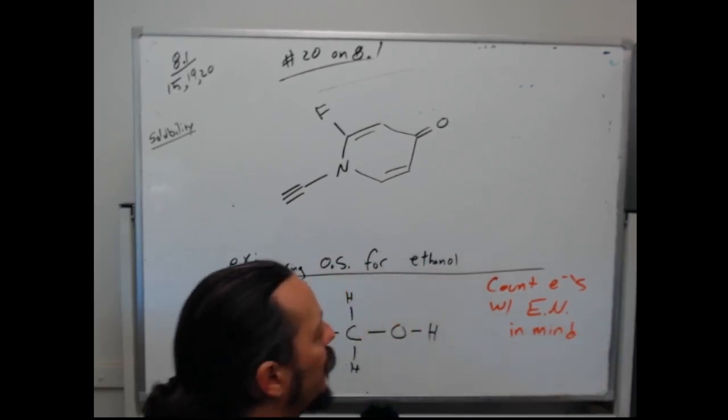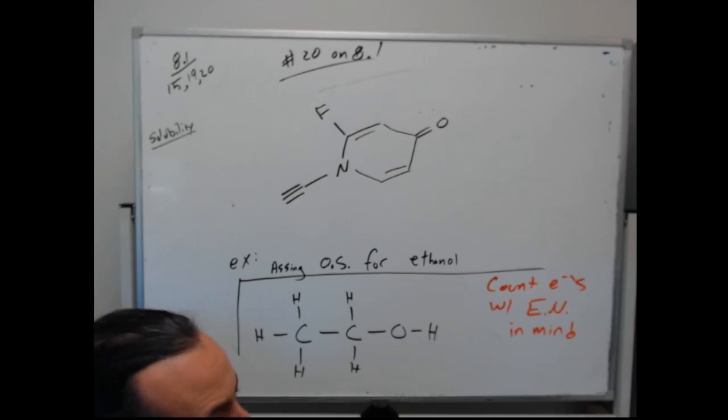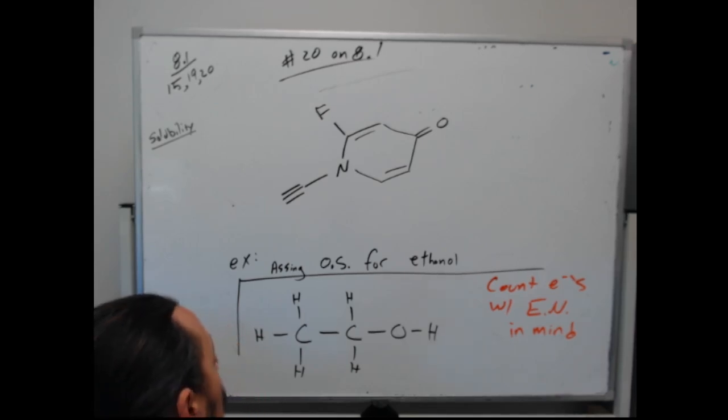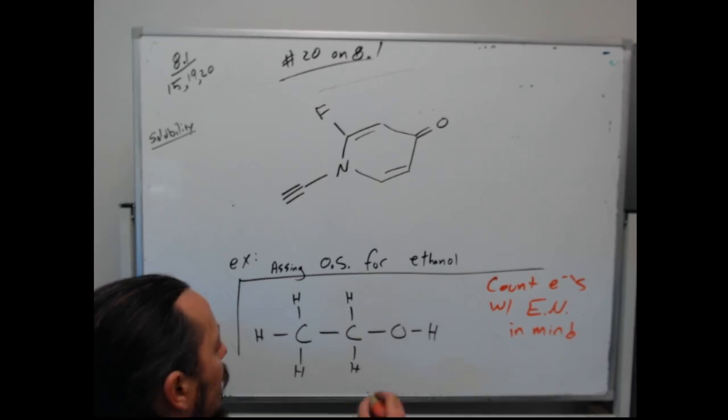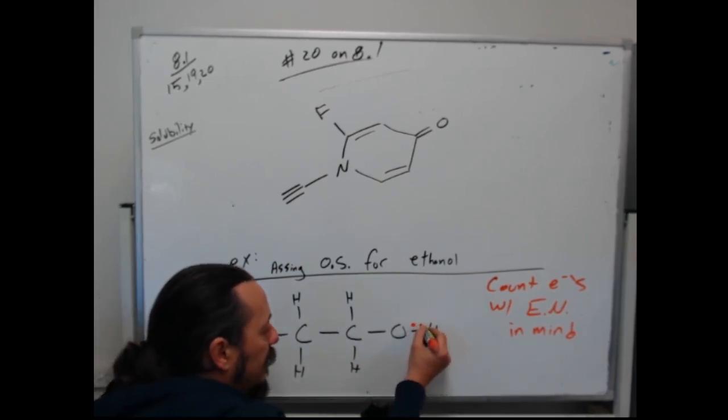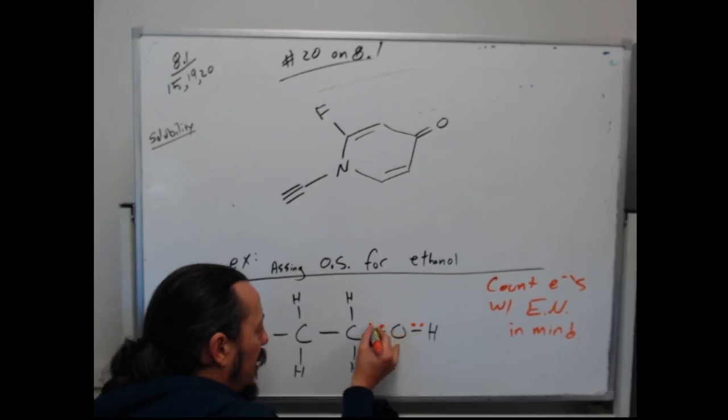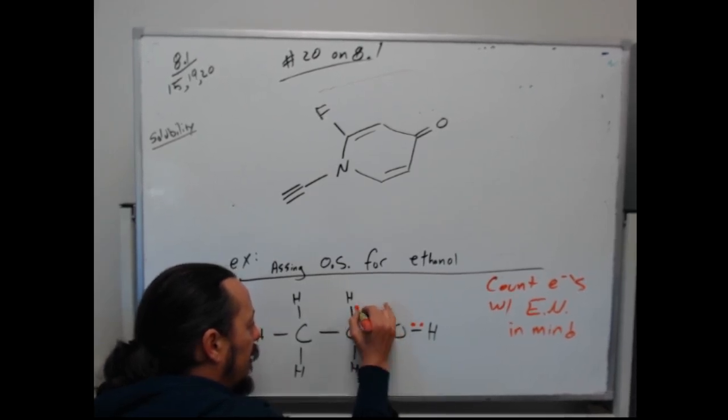So what we have to do is count electrons around each atom with electronegativity in mind. The way I go about this is I first say, each bond is 2 electrons. So I'm going to turn each bond into 2 electrons.